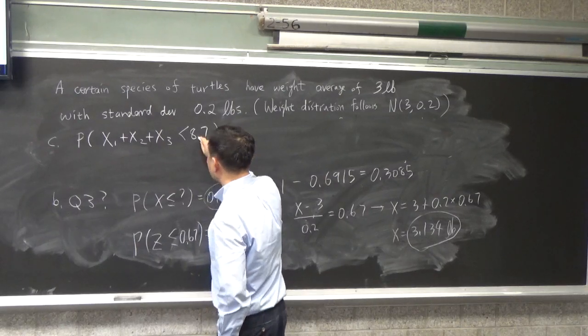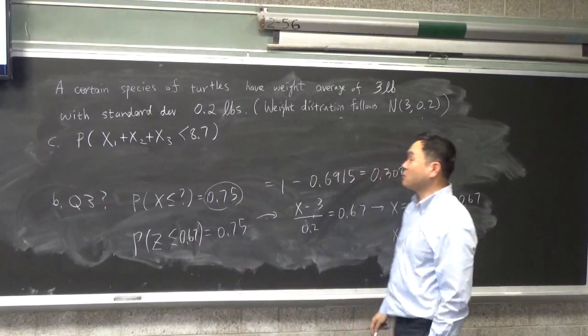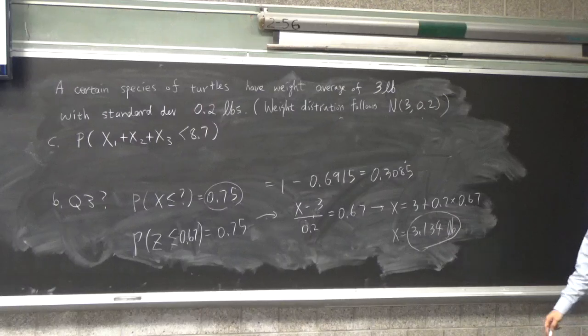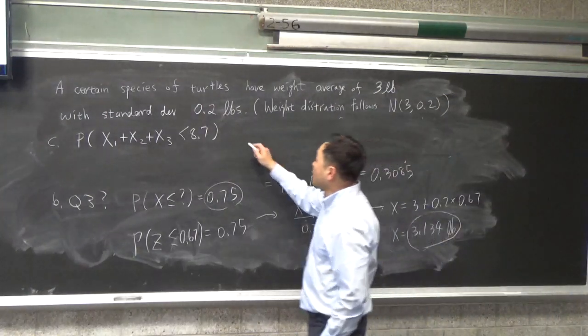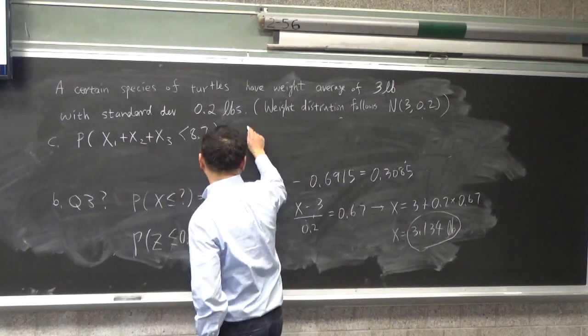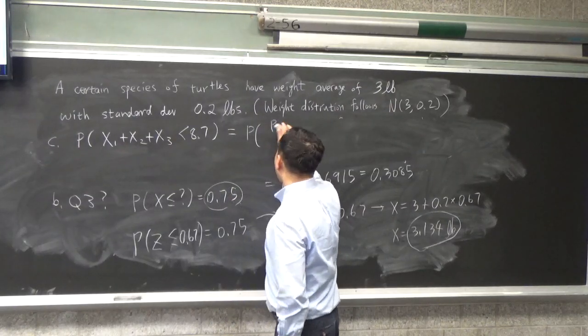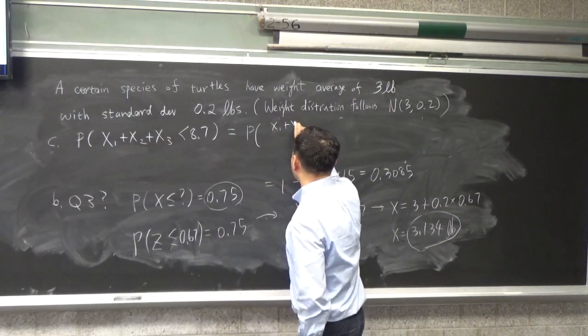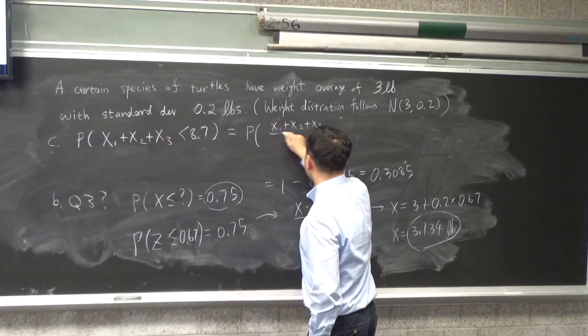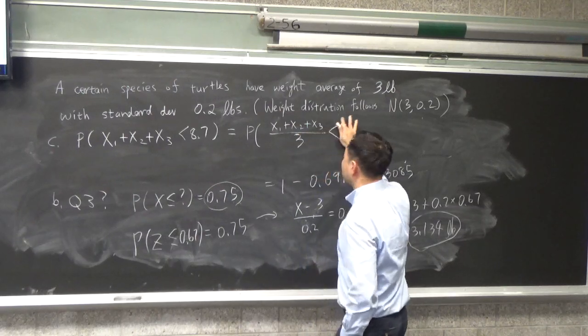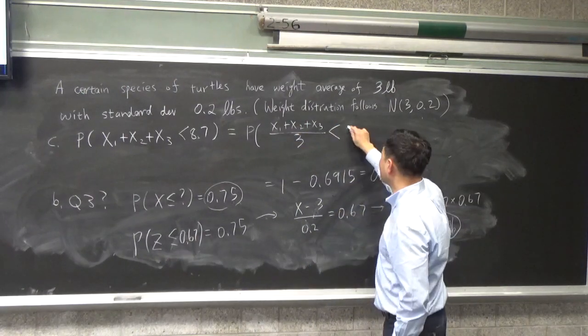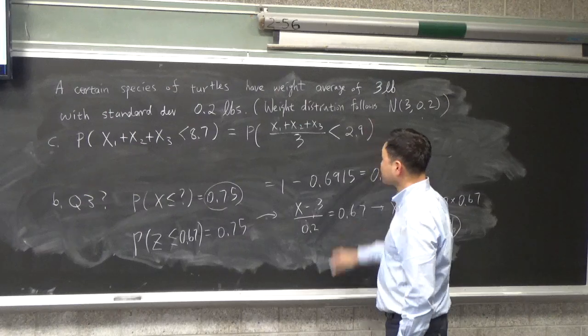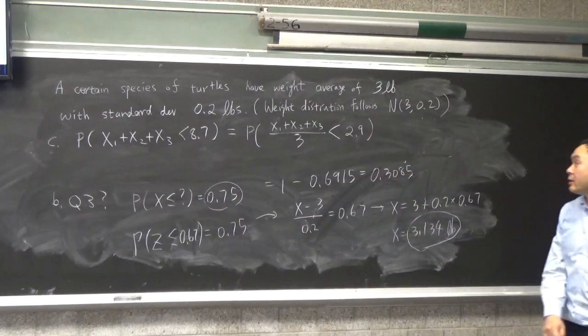Okay, so this is the question being asked. That's the same as, if I divide both sides by 3, x1 plus x2 plus x3 divided by 3 is less than 8.7 divided by 3, which is 2.9. Okay?